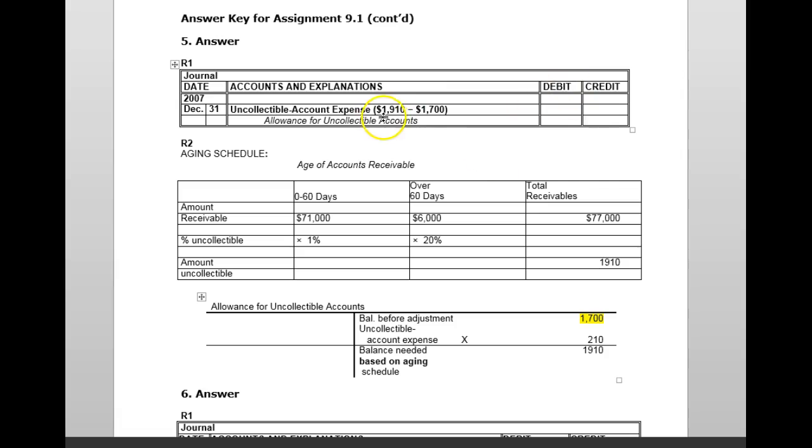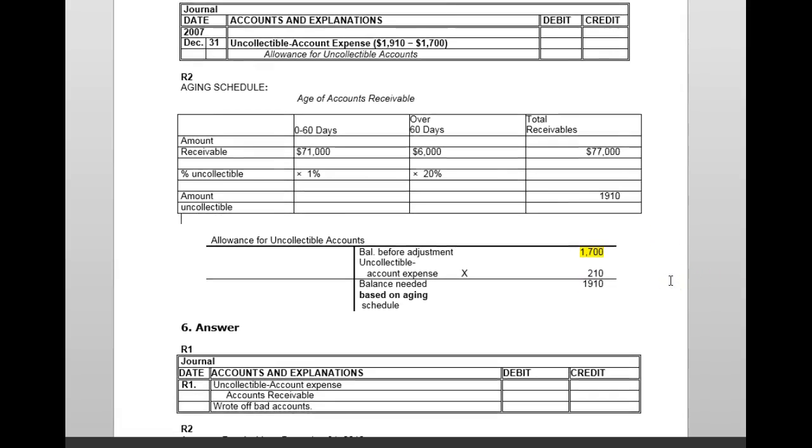Typically, as you look at this, it's a little bit confusing. This says uncollectible account expense, and this is the allowance. Well, we're increasing the expense. This is also called bad debt expense. So that is a little confusing. But this would be the adjustment you would make to bring that account up to date. So that's 5.